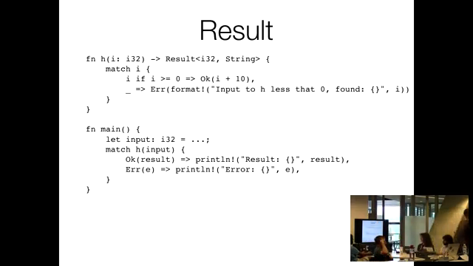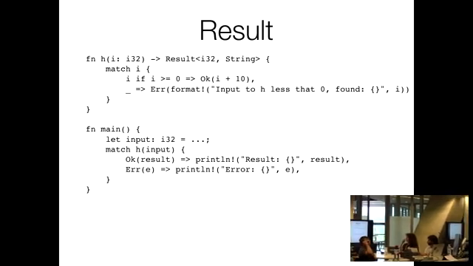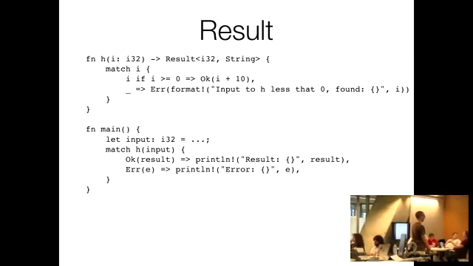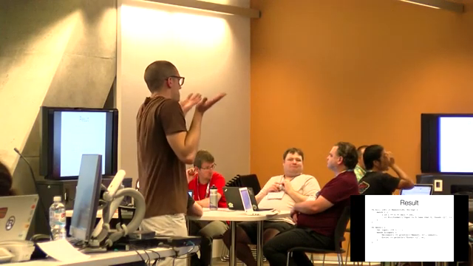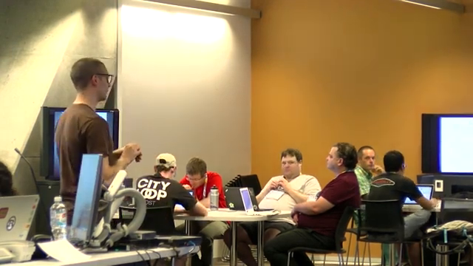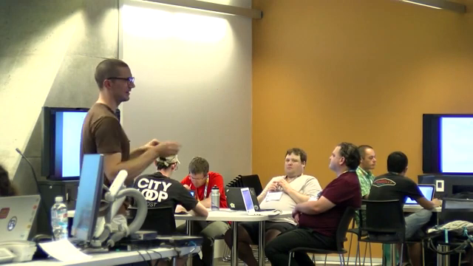It's clear to me what's going on. I just have a question. Why are the type parameters in the order success result type T, error result type E, and not the other way around? So why TE and not ET? No reason. Sorry, I should repeat the question. The question is, why are the type parameters in the order TE and not ET?